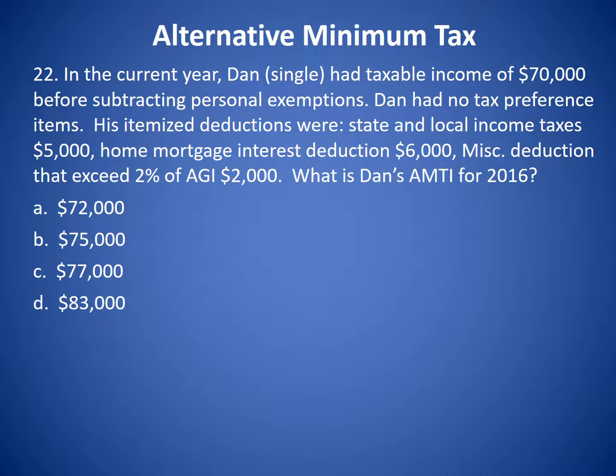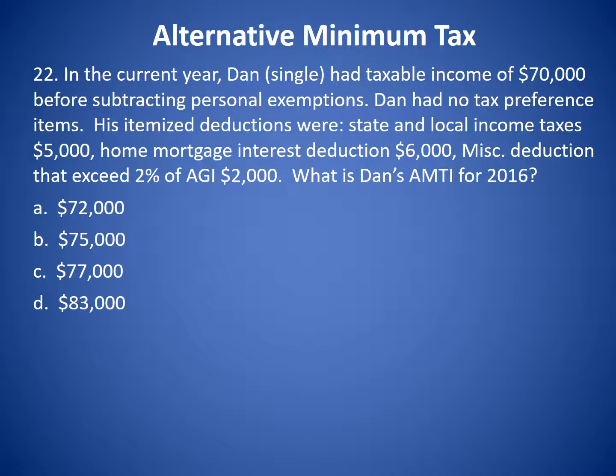In the current year, Dan, who's single, had a taxable income of $70,000 before subtracting personal exemptions. Dan had no tax preference items. His itemized deductions were state local taxes $5,000, home mortgage interest deduction $6,000, and miscellaneous deductions of $2,000 that exceeded 2% of the AGI.